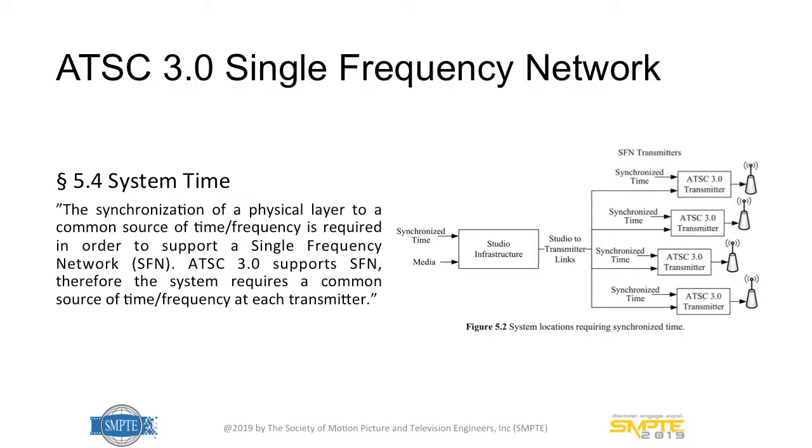So today I want to discuss how we can use the IP network to distribute the timing, the UTC time that we then use for ATSC single frequency networks. First of all, for those who don't know how single frequency networks work, in order to support multiple transmitters in the same domain on the same frequency, we need to transmit the same signal at the same time.